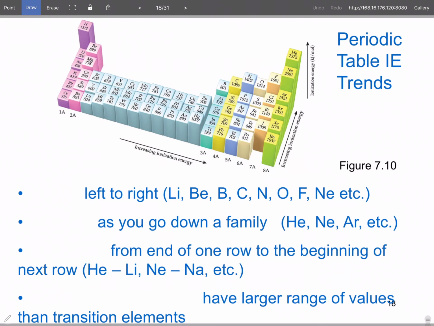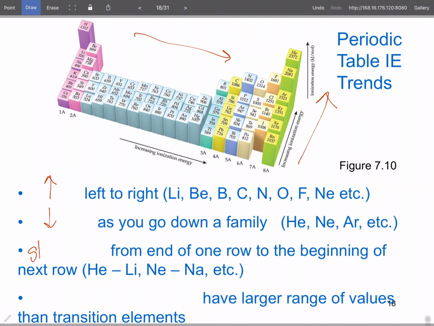So this trend basically is relatively simple. We're going to increase as we go left to right. So if you'll notice, we're going to get larger here, and we're going to decrease as you go down a family. So basically, you're going to increase up to the fluorine corner.